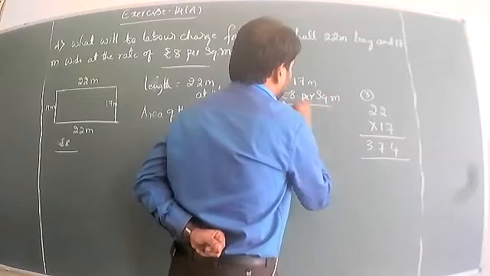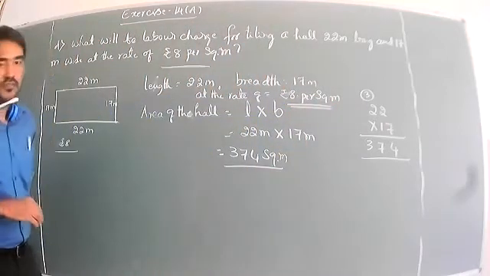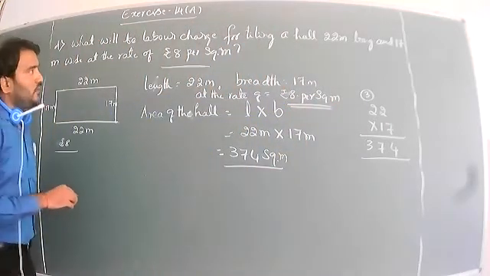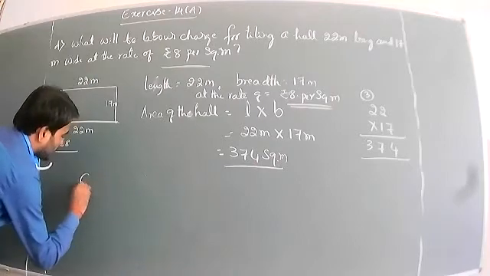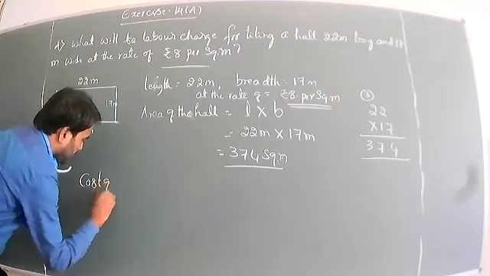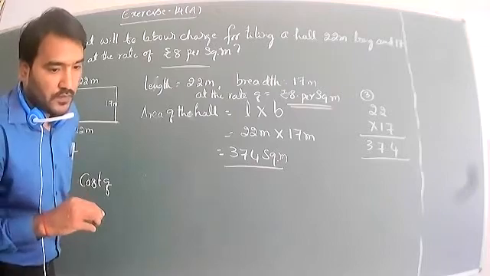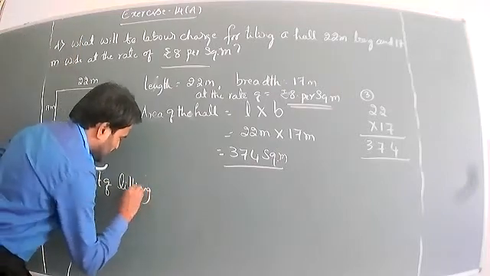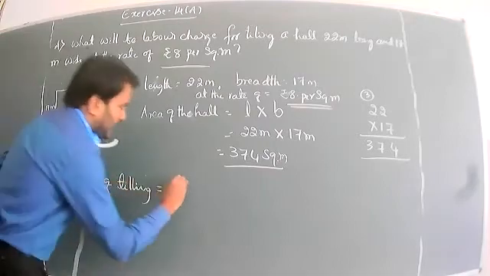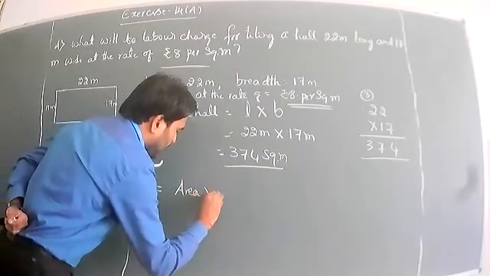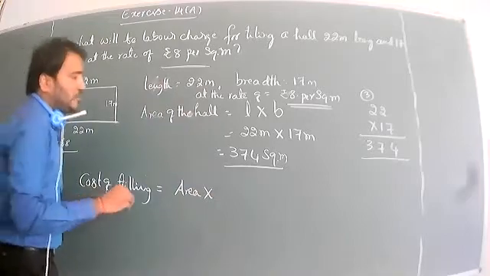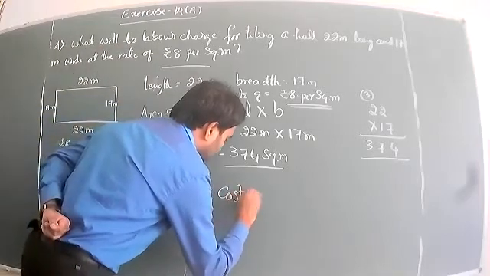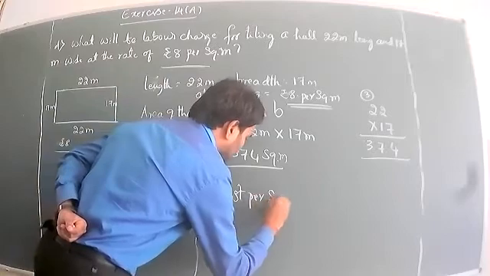So cost of tiling equals area into cost per square unit.